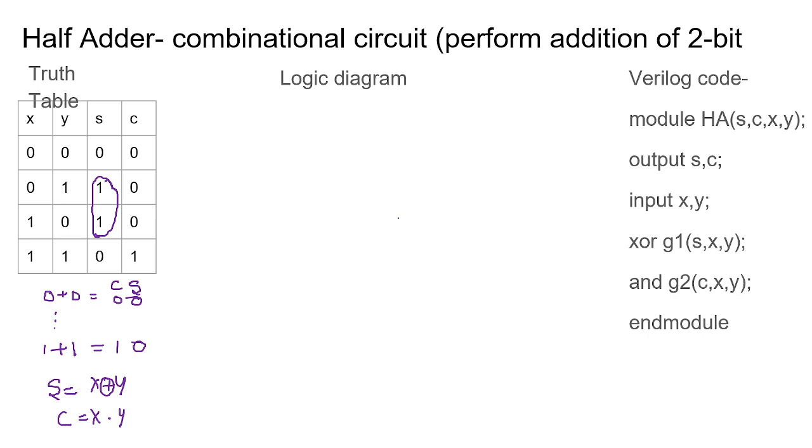So the logic diagram will be the exclusive OR gate and then the AND gate. With inputs x and y, one output will be the sum part and the other the carry part. To write the Verilog code, do we need any wires here?